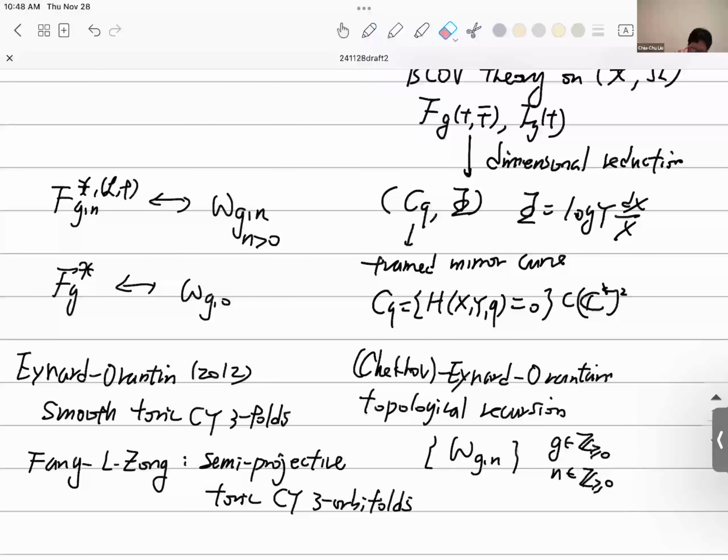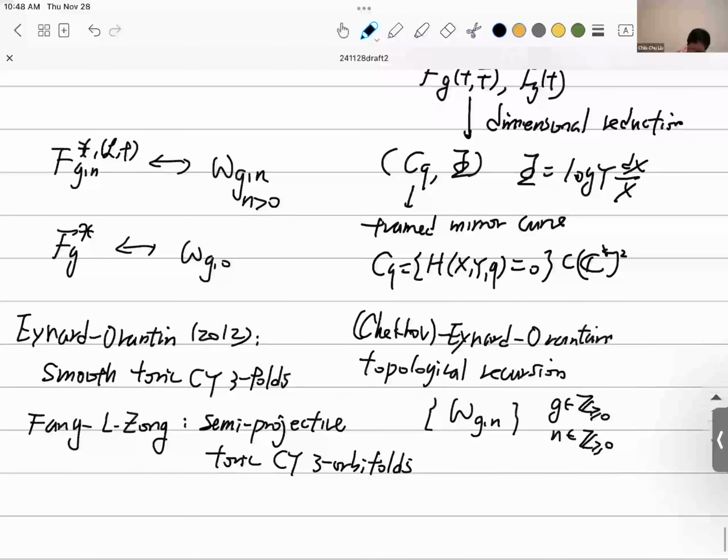This also assumes semi-projective in the smooth case.